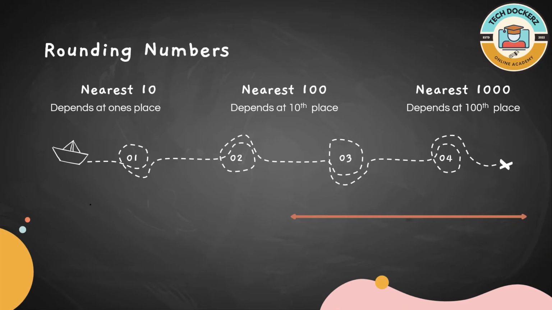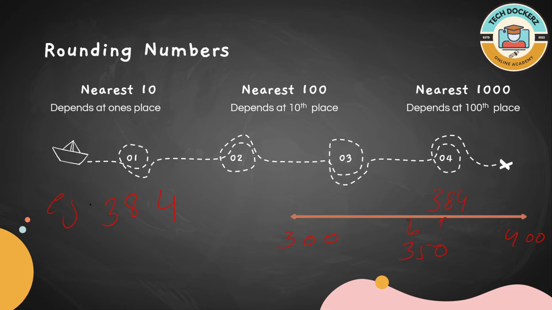Now rounding the numbers to the nearest 100. Let's understand with an example. 384 falls between two hundred values, which are 300 and 400, and the halfway is 350. Write down your value, which is more than 350. We can write here 384.